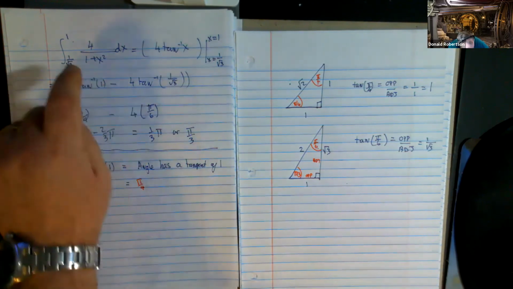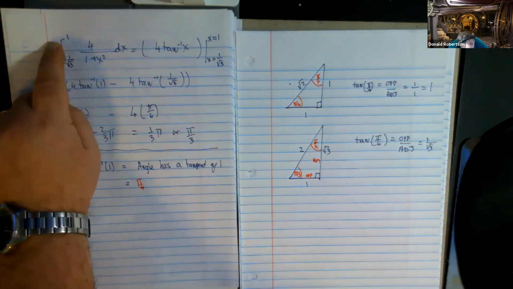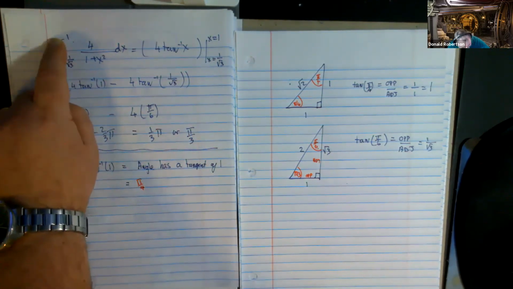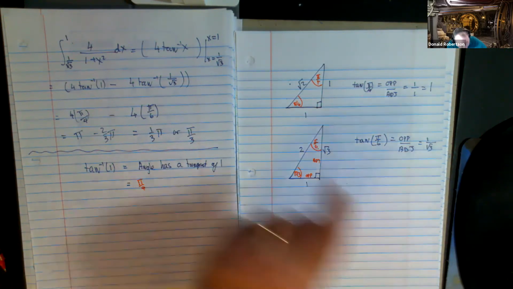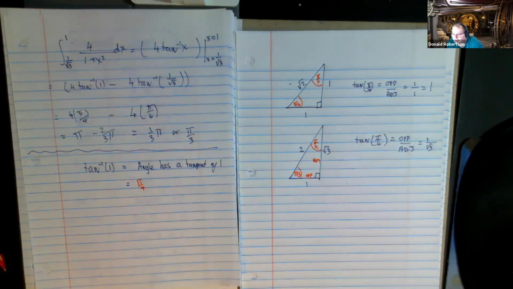So the area under this particular curve is actually 1/3 pi. Now, before the fundamental theorem of calculus came by, the best we could do would be to estimate that. And I don't think many of you would actually guess that the answer was 1/3 pi. I certainly wouldn't have guessed it.